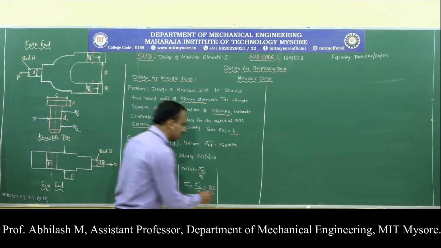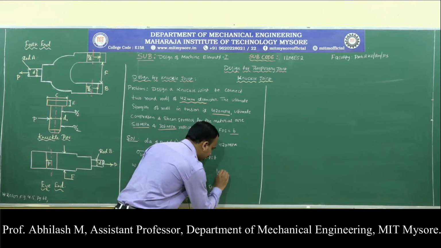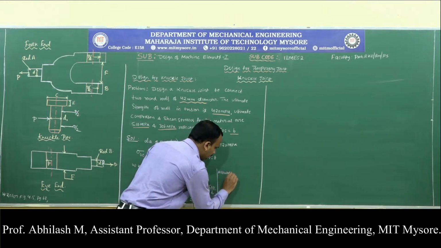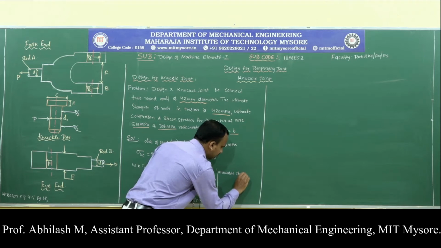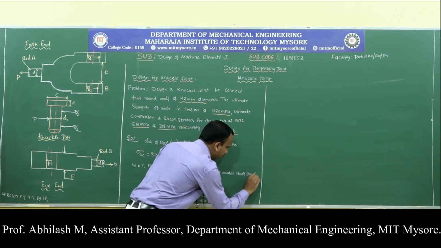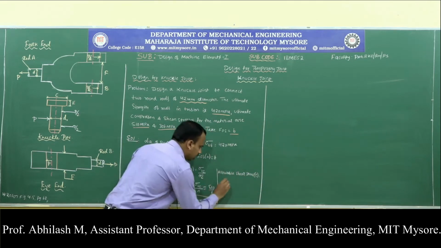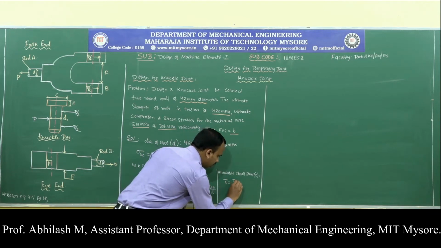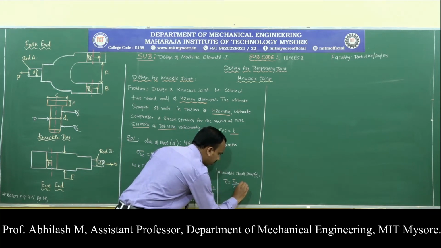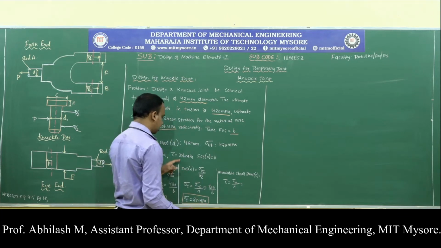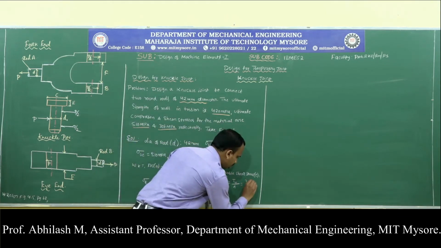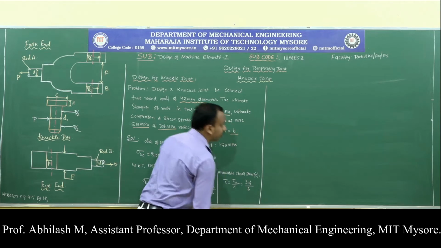Similarly for the shear, the allowable shear stress, which is denoted by tau. So tau is equal to tau ultimate divided by the factor of safety. Tau ultimate is 306 divided by factor of safety 6.